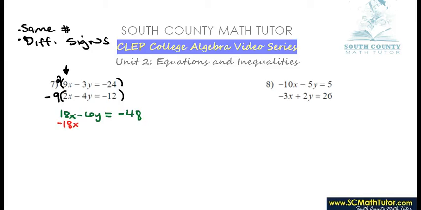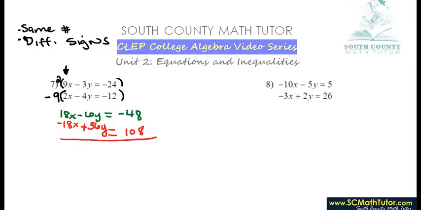That's what we want. -9 times -4y is a positive 36y. And then -9 times -12 is a positive 108. Okay, so now we have the same numbers with opposite signs. So now we can combine.